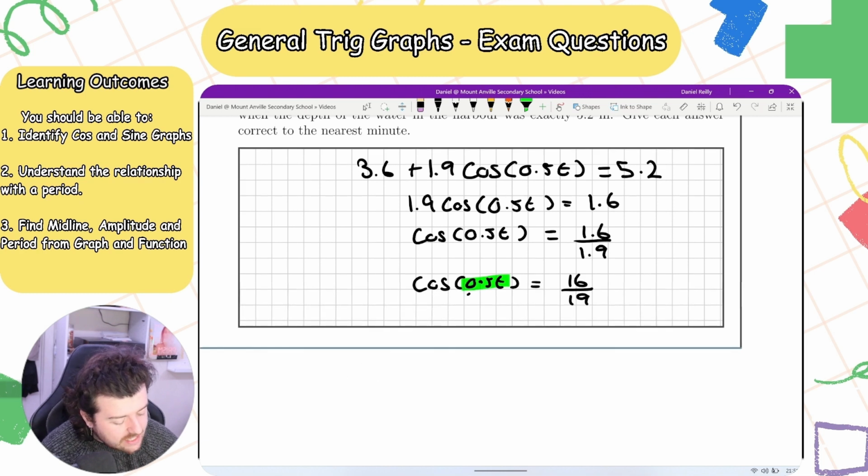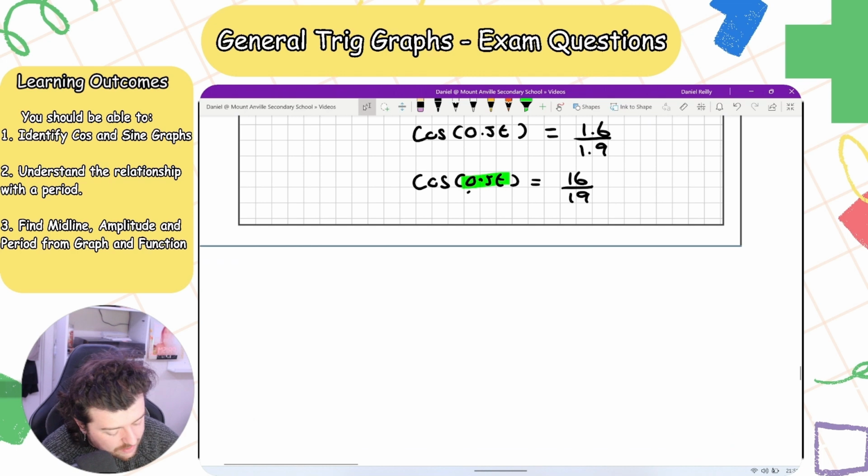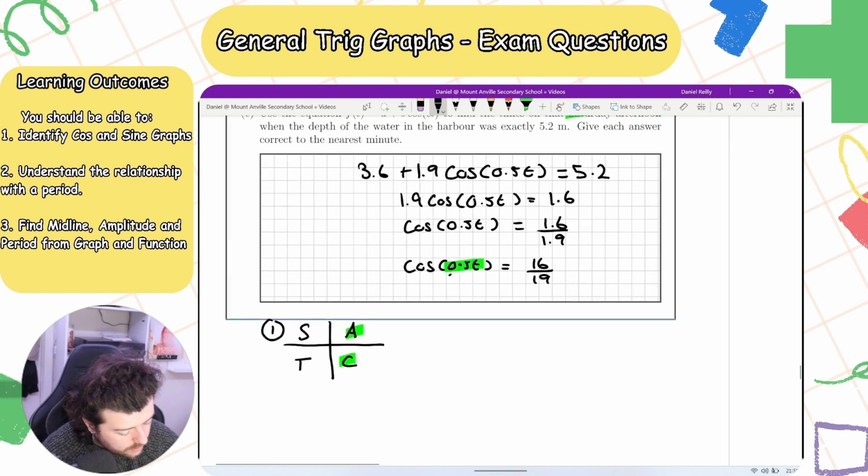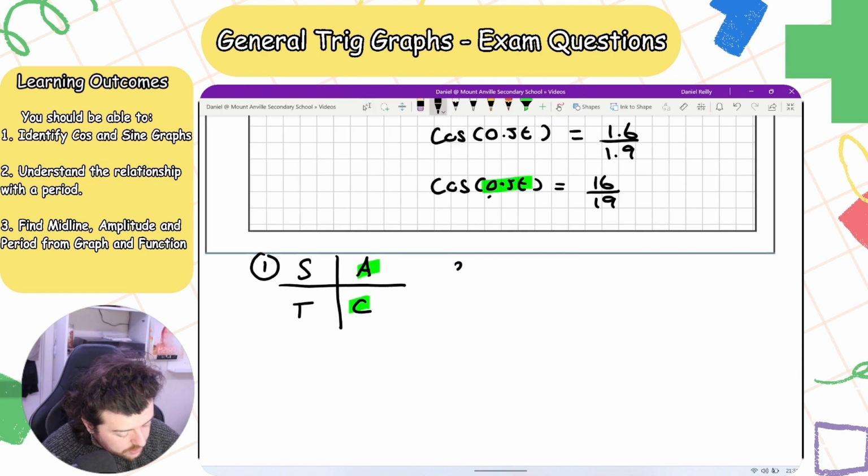So I have my handy dandy little trig equation here. To set them up, first I need to find out what quadrants it's in. It is positive, so it's quadrant 1 and quadrant 4. Next, I need to find my reference angle. So I'm going to say cosine of the reference angle is equal to 16 over 19.